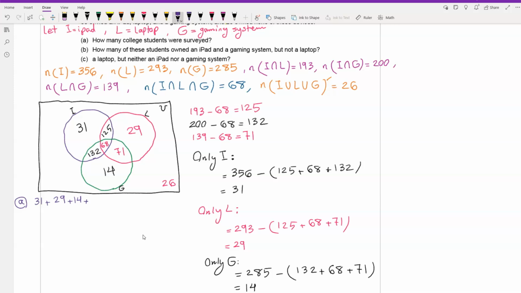Then between I and L we have 125, 132 for I and G, and for LG we have 71. And then between all these three devices we have 68. And what is outside, it's 26.